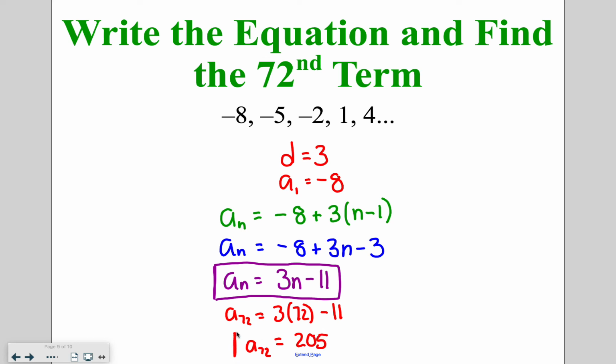So we would write in A72 is equal to 205. It is important that you write in A72 because we need to know what number it is in the order. We can't just write 205 because we don't know where it would fall in the order then. We would write A72 equals 205 to show that that's the 72nd number in the order.